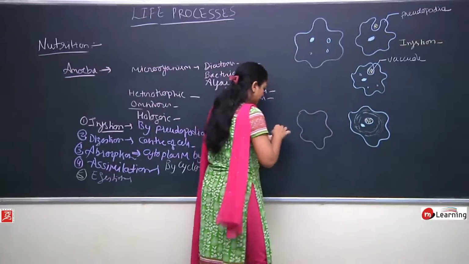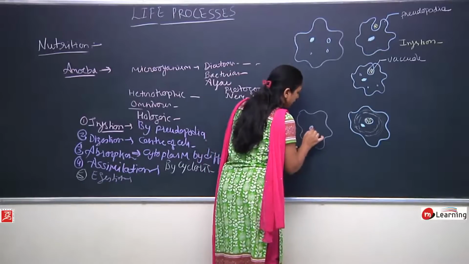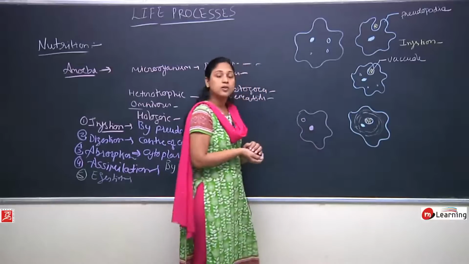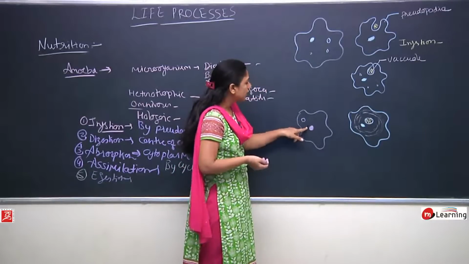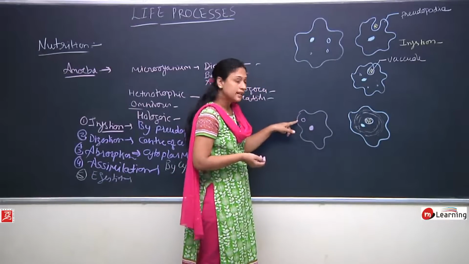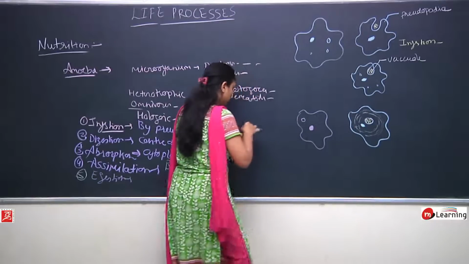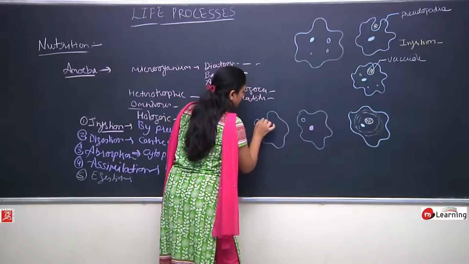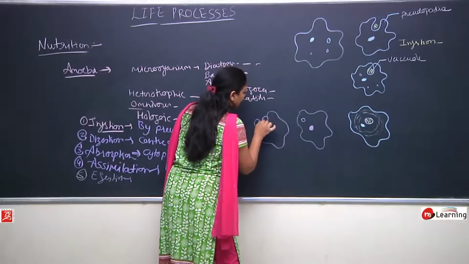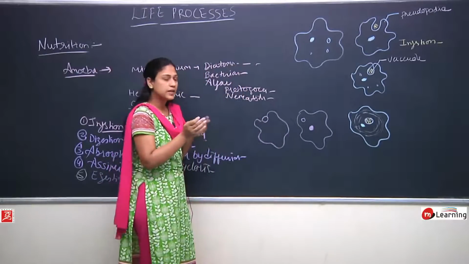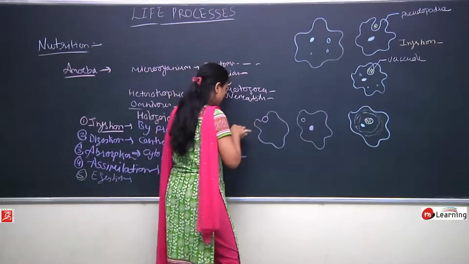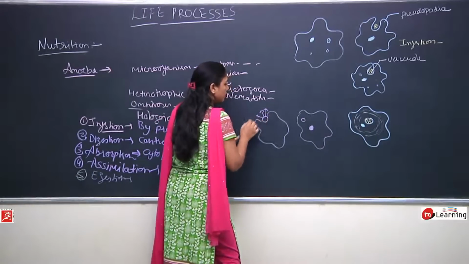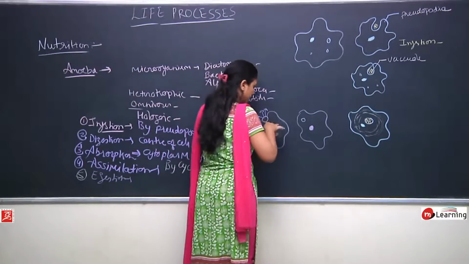The waste material forms a vacuole, a contractile vacuole, which slowly reaches the cell wall, and when it reaches the cell wall, the vacuole bursts out. It is punctured, it bursts, and then the waste material gets released to the outside.